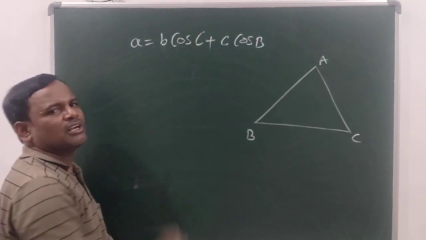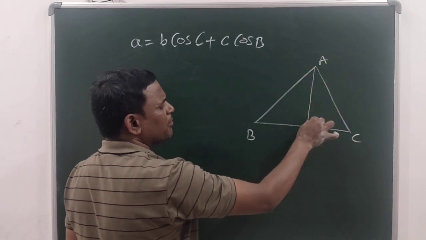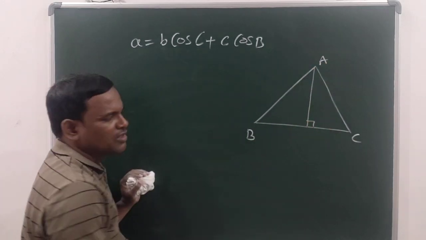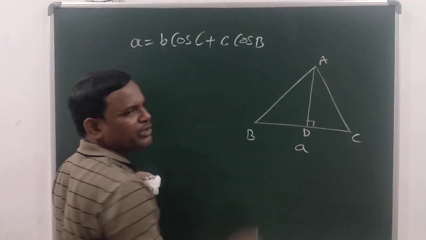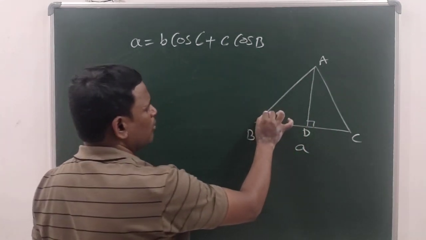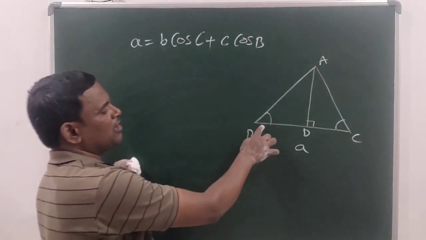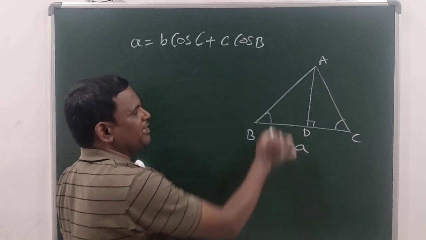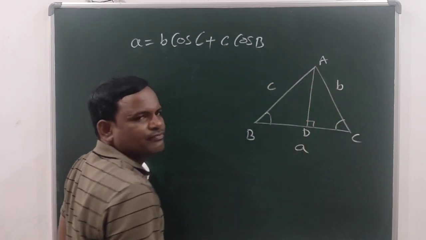To prove this, I drop a perpendicular onto BC. BC has length small a. I took an altitude AD. Define cos B here and cos C there. You know this length is small c and this length is small b.